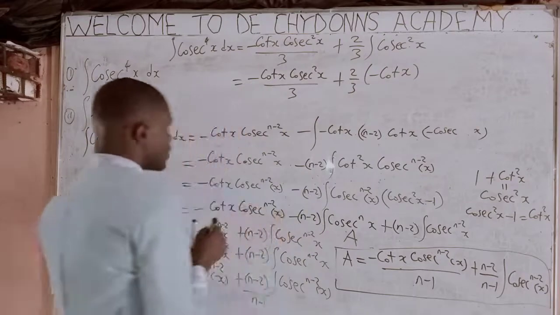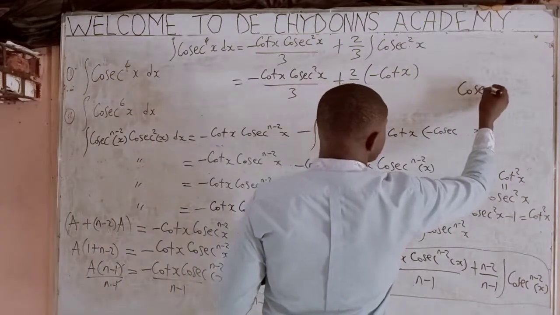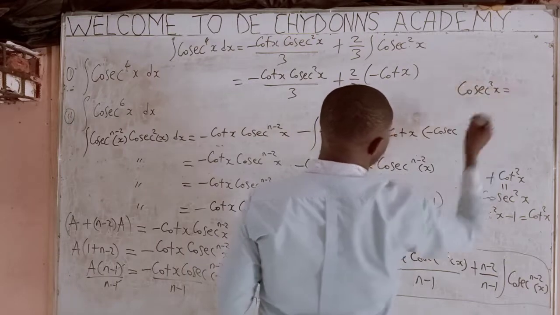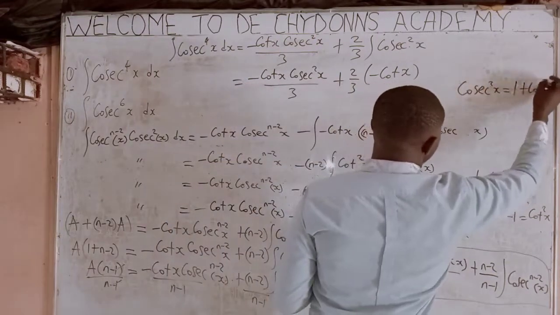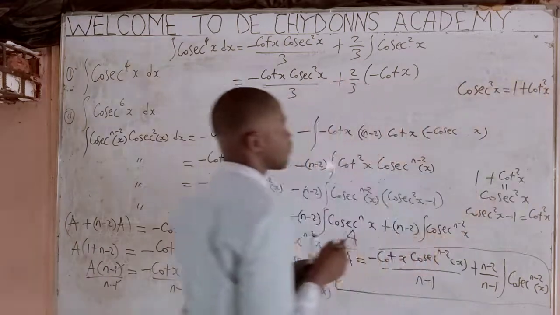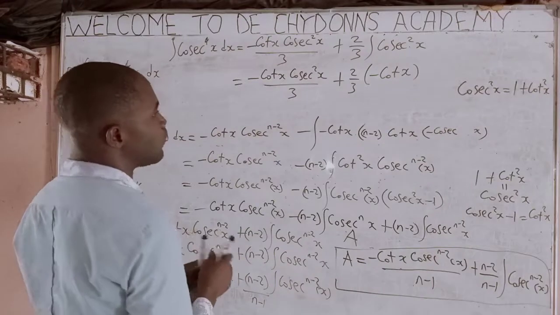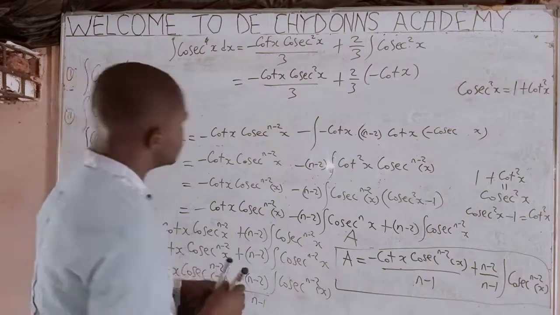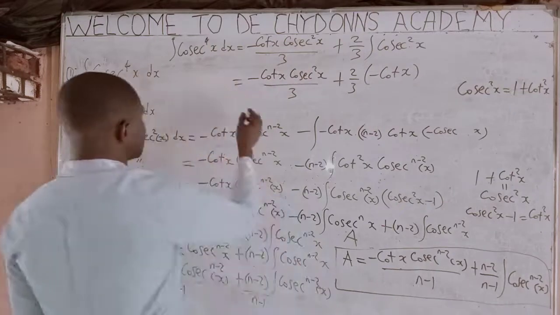Now remember that cosec squared x is equal to 1 plus cot squared x. So I will remove this and put 1 plus cot squared x.